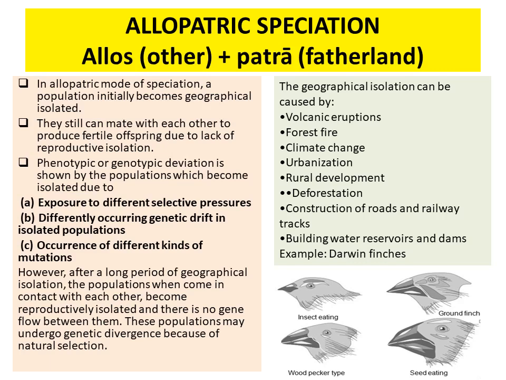cross the area. They can mate and produce viable offspring, but they cannot do so because of the geographical isolation, right? So here the population which becomes isolated shows phenotypic and genotypic deviation due to exposure to different selective pressures, differently occurring genetic drift, and occurrence of different types of mutation.